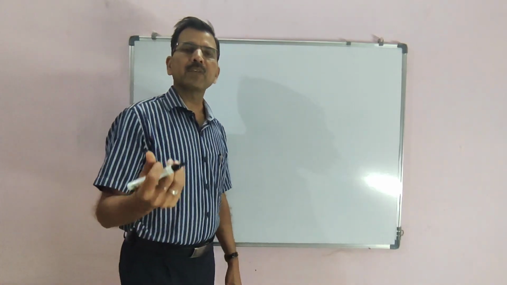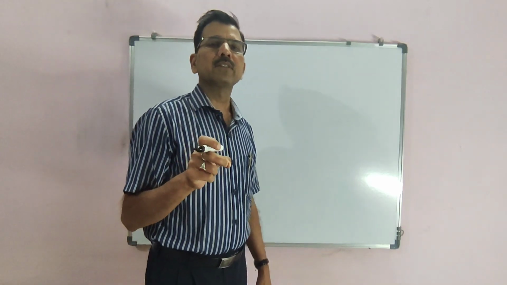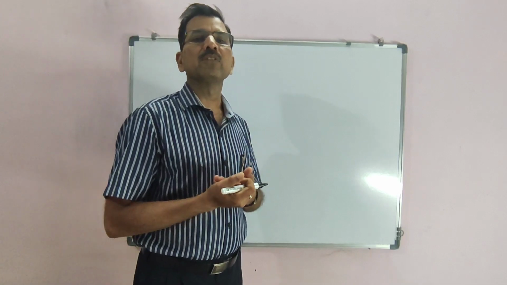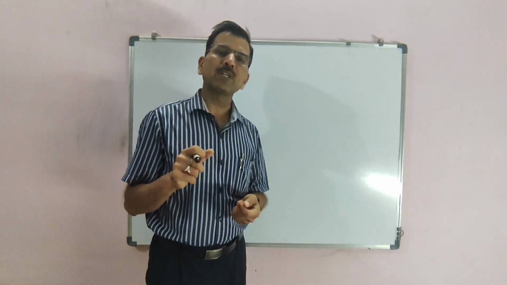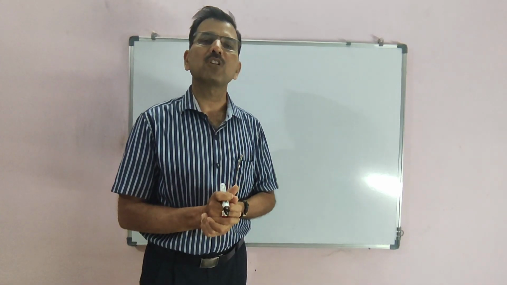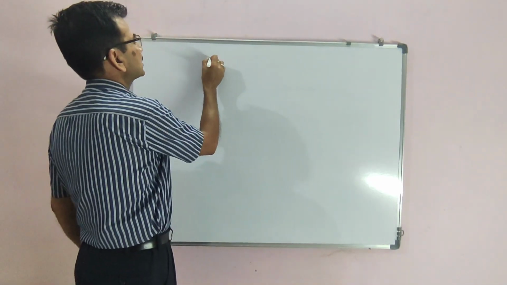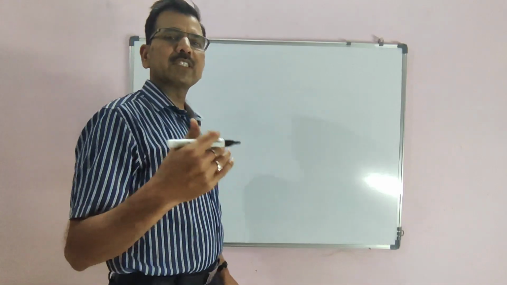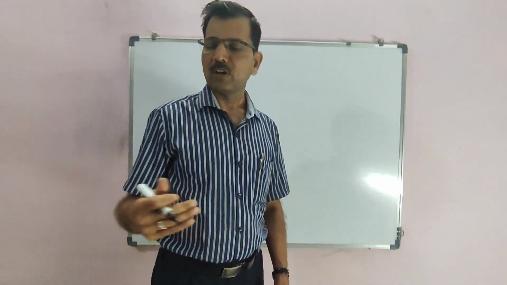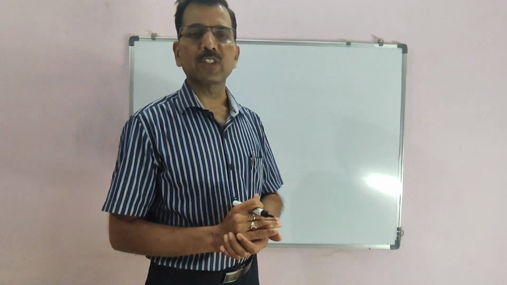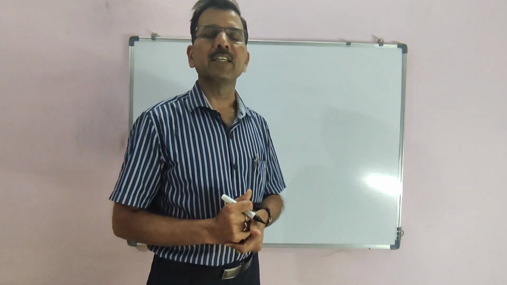Since we are preparing for boards, everything should be in the mind, because every half mark, 1 mark has its own importance. It is the first topic of this chapter, and from here we have to start our study.